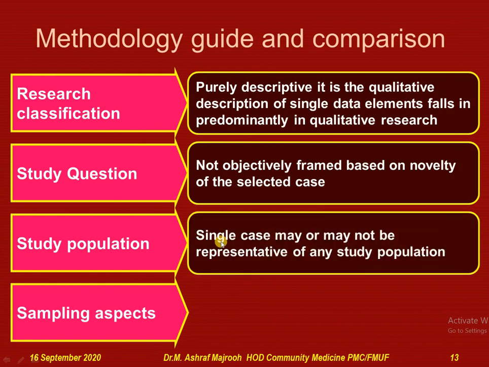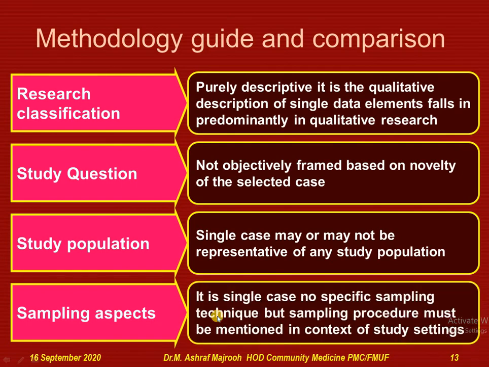The study population is a single case, which may or may not be representative of any study population. As there is a single case, no sampling is applicable. There is no specific sampling technique, but the sampling procedure must be mentioned in the context of the study setting.